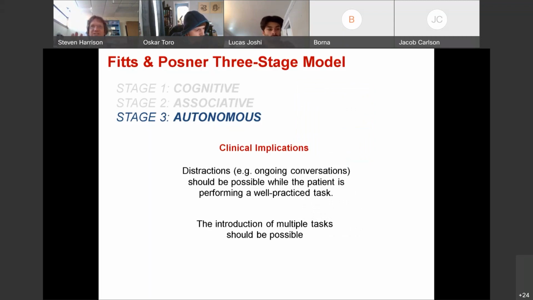Okay, so here's a clinical implication. So distractions. The example we've got here is that ongoing conversations should be possible when a patient is performing a well-practiced task.